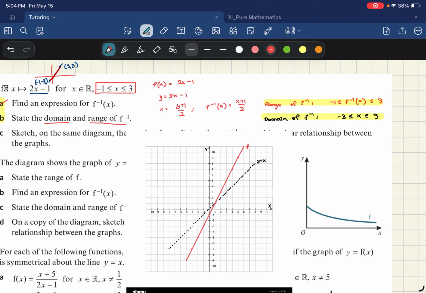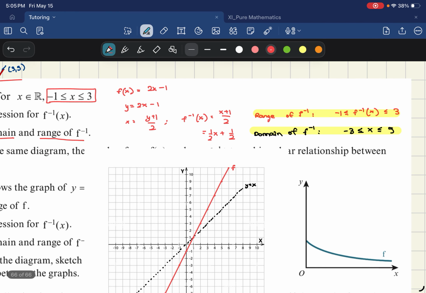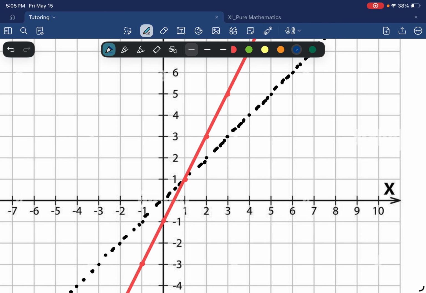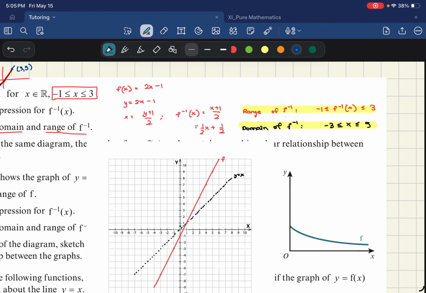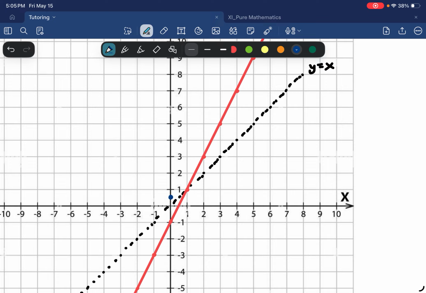So f inverse of x has a slope of half and a y-intercept of... So I can write this as half x plus half, right? So my y-intercept is positive half, and my slope is half as well.